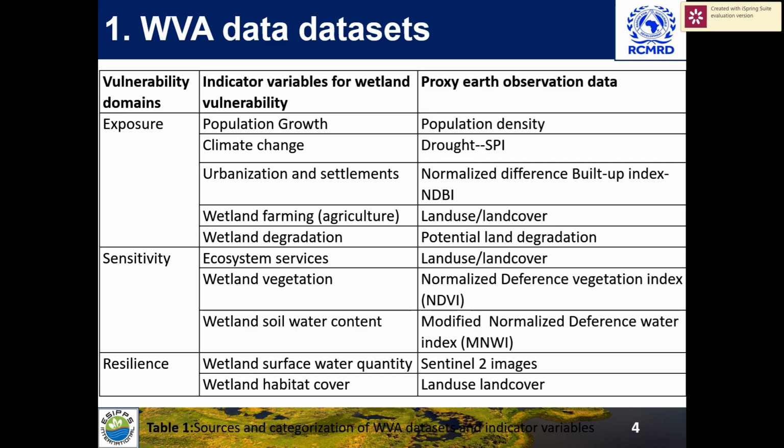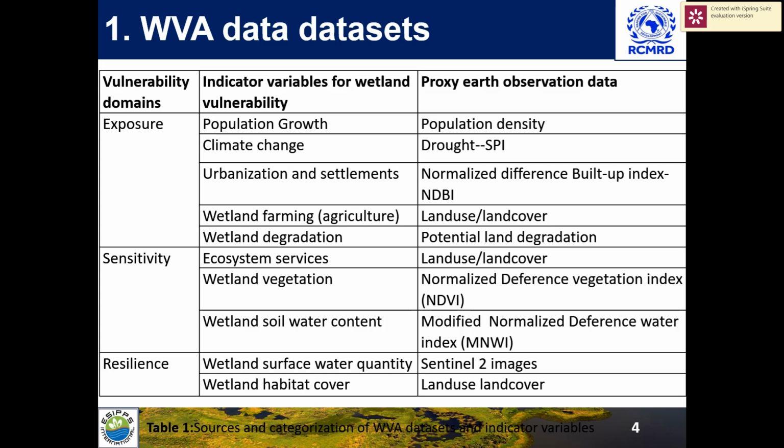For the sensitivity domain, the indicator variables are ecosystem services, wetland vegetation, and wetland soil water content. And for resilience, we have resilience or coping capacity, the wetland surface water quantity, as well as the wetland habitat cover.